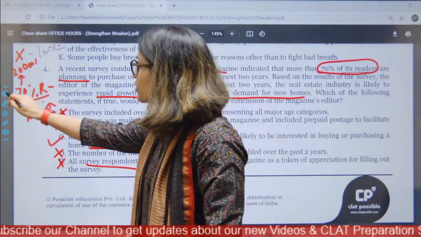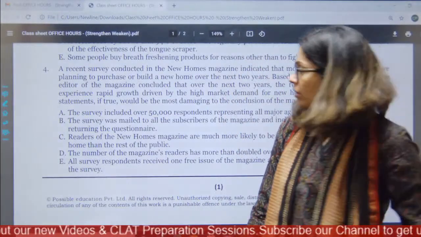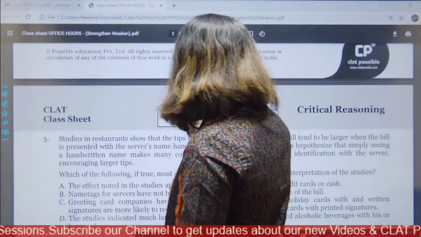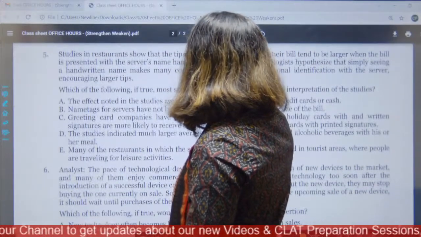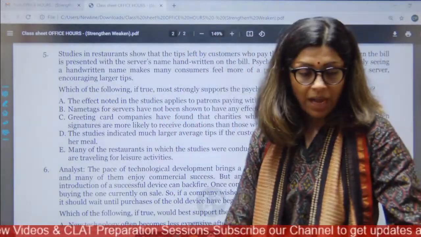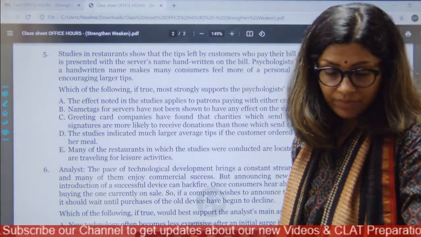Let's quickly do the next 4 questions for strengthen. I hope you are working on strengthen. Let's quickly do the next 4 questions on strengthen.